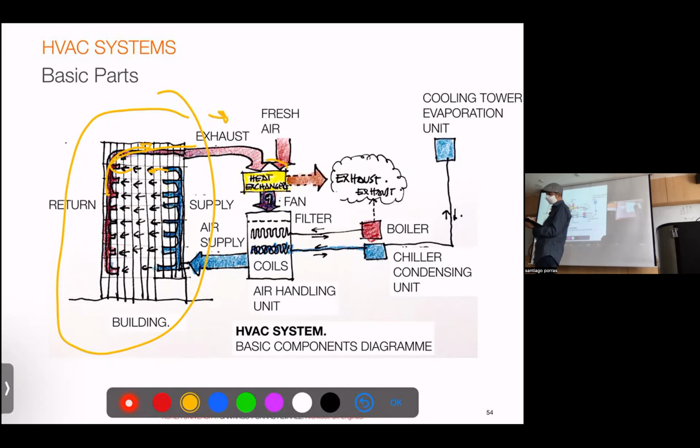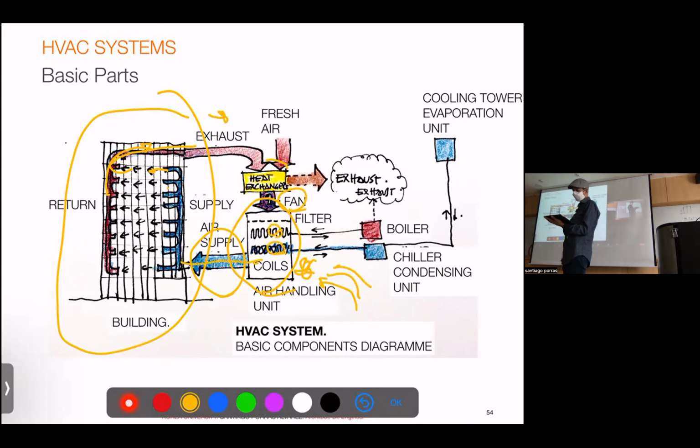Before that, we have the supply element, right? The air handling unit, which is just a set of ventilators which push fresh air from the exterior. Actually, the fan is there. And either cool or heat it with a kind of a spiral or a big exchanger of a hot or cold fluid, right? Which comes from either a boiler or a chiller, which is air conditioning.